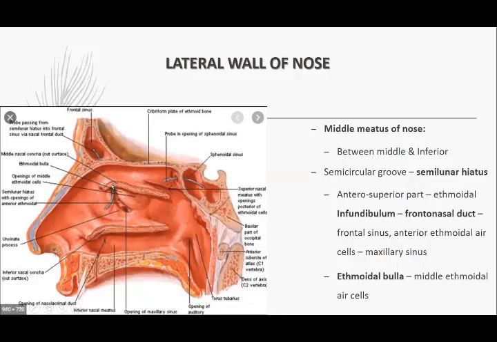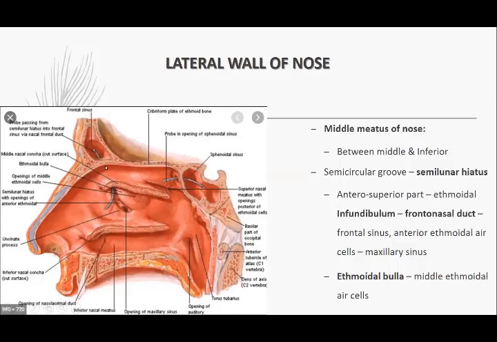Ethmoidal because you will remember that the superior and middle concha are parts of the ethmoid bone. Okay, so this is the ethmoidal infundibulum. Now this infundibulum is connected to the frontal air sinus. This is the frontal air sinus, this is the infundibulum, the superior part, anterosuperior part of the hiatus semilunaris.